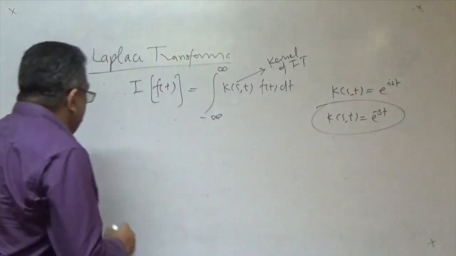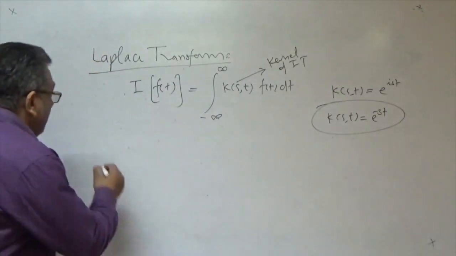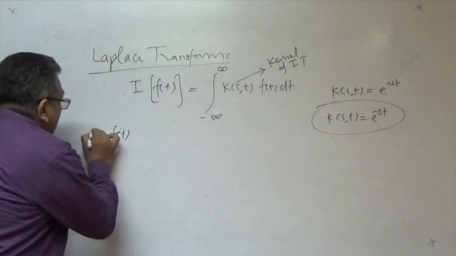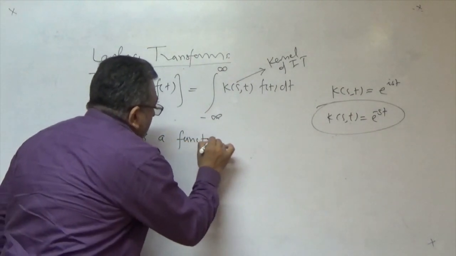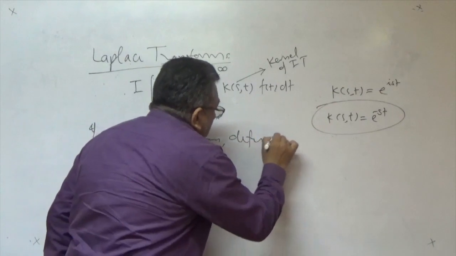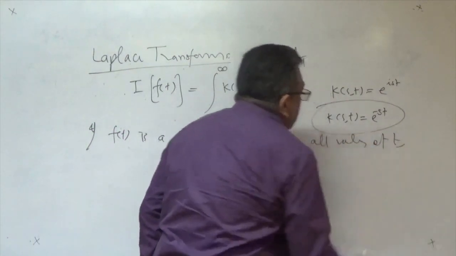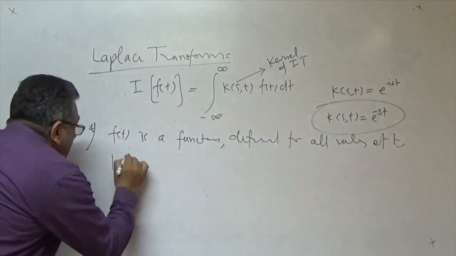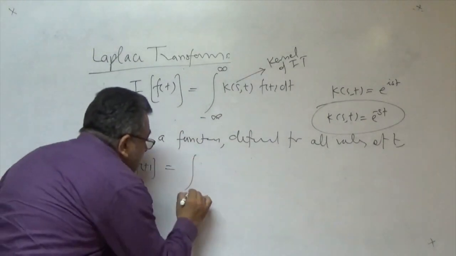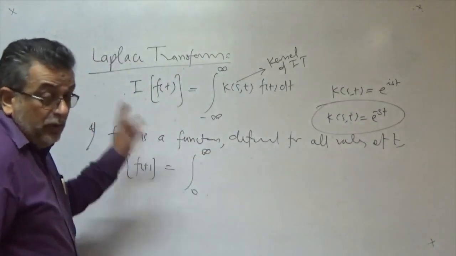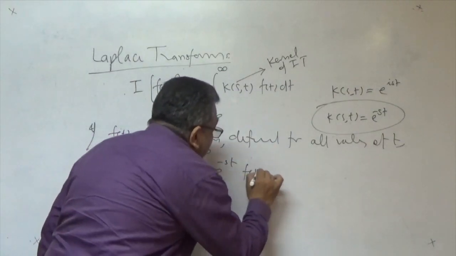So the first thing to always keep in mind is that the Laplace transform is a type of integral transform. Now, what is the basic definition, basic formula, or first principle for the Laplace transform? If f(t) is a function defined for all values of t, then the Laplace transform is denoted by L of f(t), and this is equal to the integral from 0 to infinity of the kernel e to the power minus s t times f(t) dt.